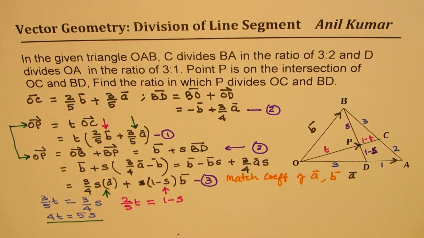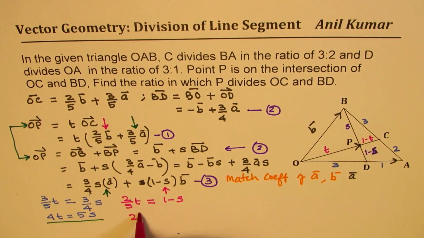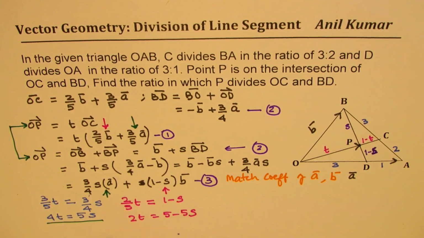So that is the coefficient of B. So we can actually cross multiply, right? So we have 2t equals 5 minus 5s. Now 5s is 4t, right? So we'll substitute this. 5s is 4t. So we get 2t equals 5 minus 4t.